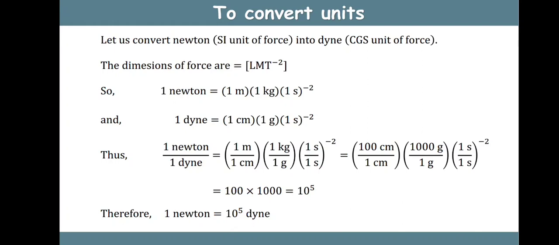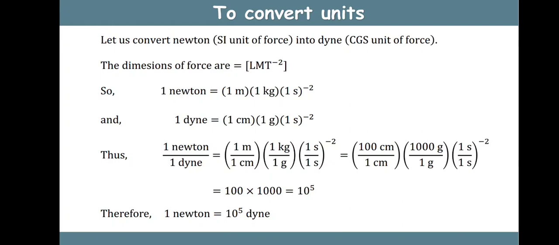We have to divide Newton by Dyne. So 1 Newton by 1 Dyne, put these values in the equation: 1 meter upon 1 centimeter, 1 kg upon 1 gram, 1 second upon 1 second raised to power minus 2. If you convert the SI unit to Dyne, you have to convert meter into centimeter and kg into gram, while the seconds are the same. 1 meter is equal to 100 centimeter, 1 kg is equal to 1000 gram, and 1 second by 1 second cancel out each other.